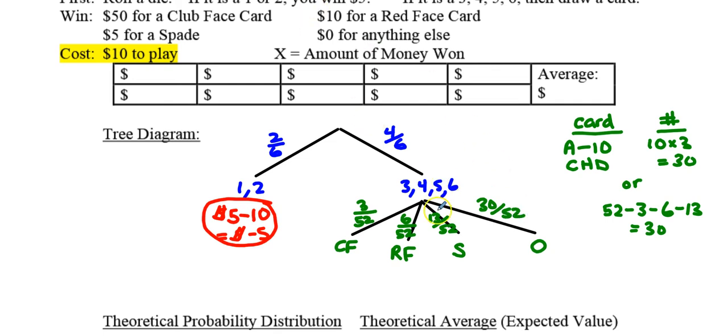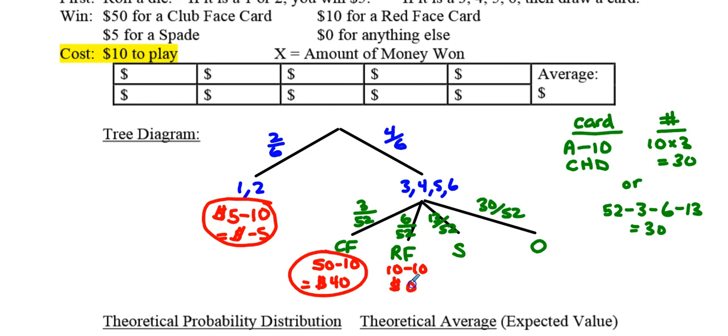Now these branches all terminate into money. So a club face card is $50, but we're going to subtract the $10 to play, which means the winnings are $40. Red face card is you win 10, but it costs $10 to play.